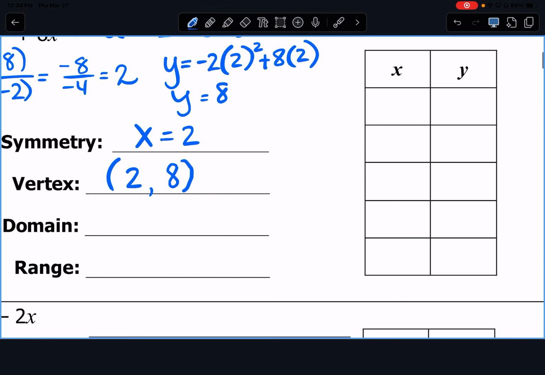Now we put that in the middle of our table. And then we use our calculators to find all the rest of the points. Use your calculator and find the tables.